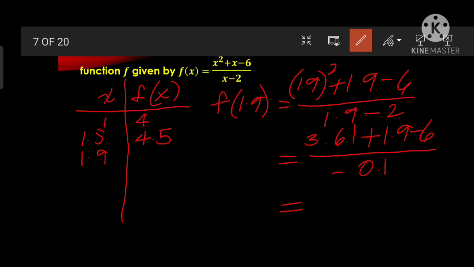We have negative 0.49 over negative 0.1. Again, both the numerator and denominator are negative, so we can cancel this out. Thus, we have 0.49 divided by 0.1. So the answer is 4.9. Okay? So when x equals 1.9, f of x is equal to 4.9.